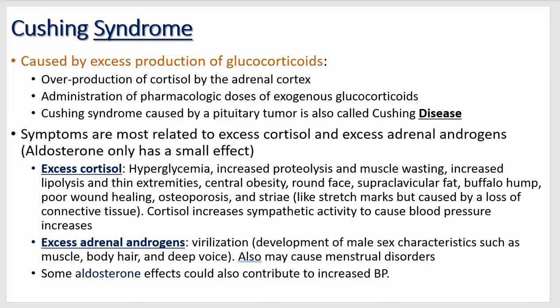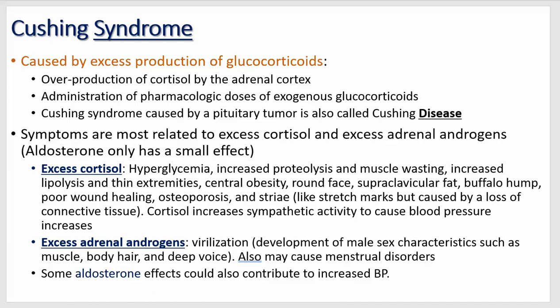The symptoms are most related to excess cortisol and excess adrenal androgens. It's mostly cortisol and the androgens, not aldosterone, and we know why: aldosterone is activated by the kidney, by the renin-angiotensin-aldosterone system. So let's talk about Cushing syndrome and a pituitary tumor.